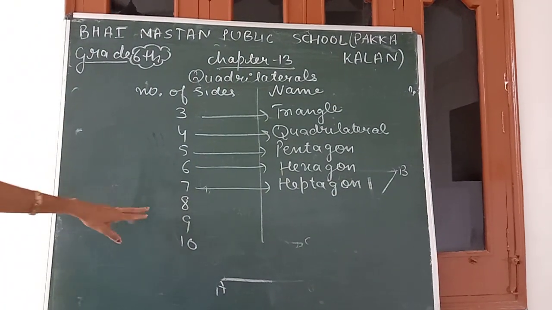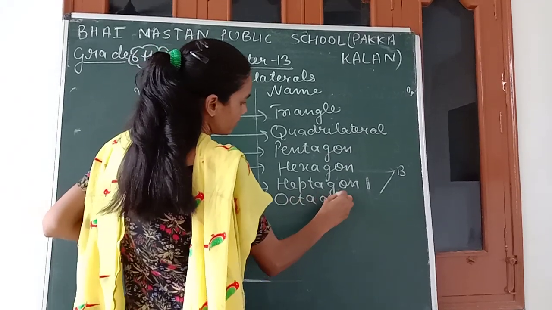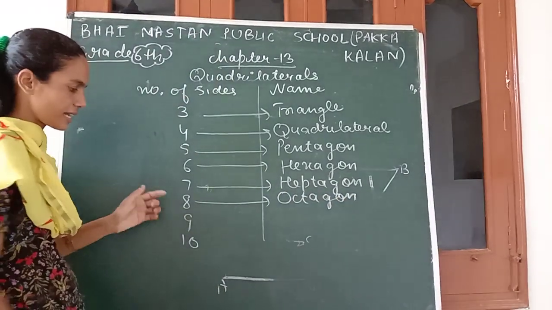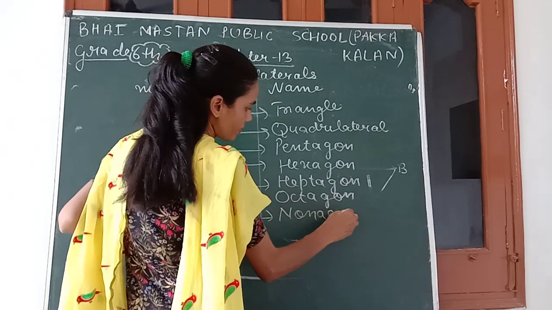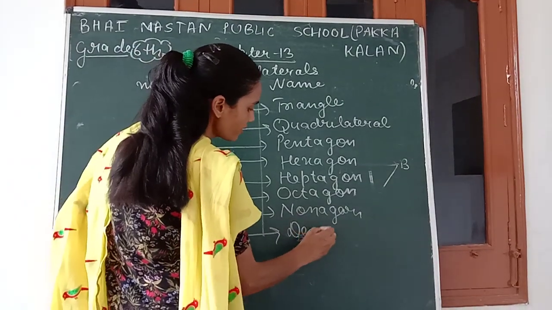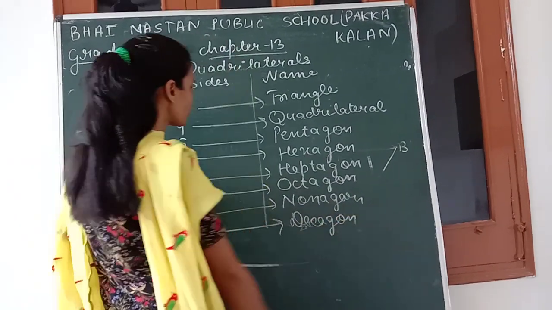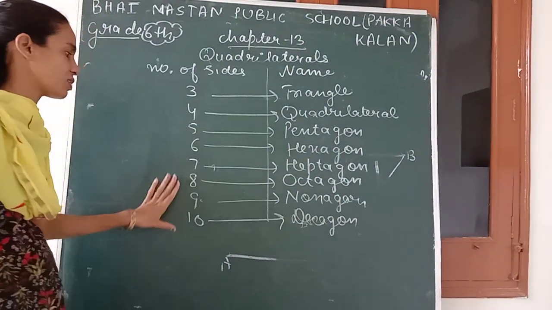Number of sides 8 is called octagon. Number of sides 9 is called nonagon. And number of sides 10 is called a decagon. So these are the names of shapes based on sides.